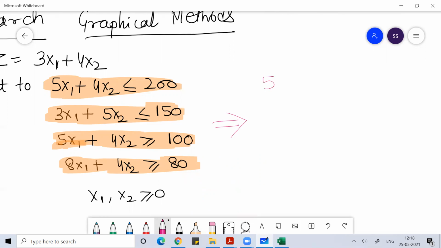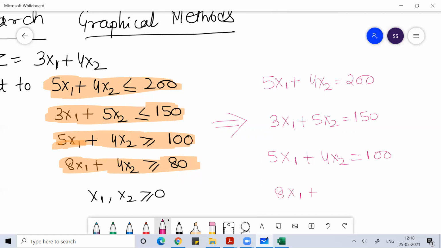Then your first equation becomes 5x1 plus 4x2 equal to 200, the second equation becomes 3x1 plus 5x2 equal to 150, the third becomes 5x1 plus 4x2 equal to 100, and the fourth becomes 8x1 plus 4x2 equal to 80.